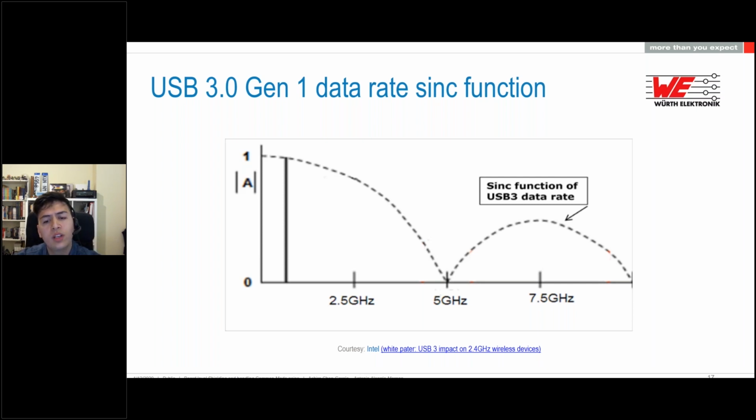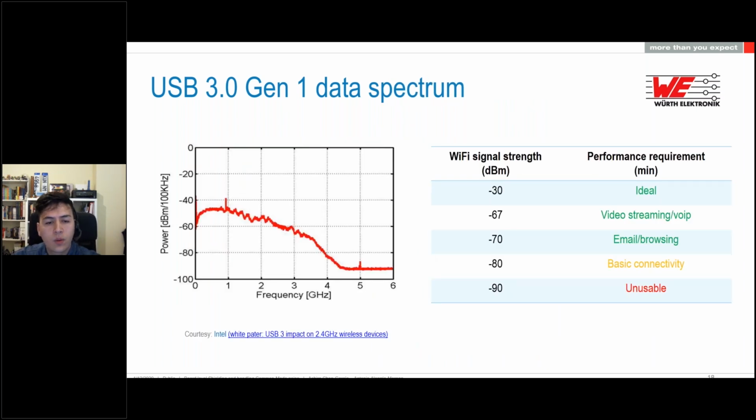An important thing to note here is that the data spectrum is very broadband, ranging from DC to 5 gigahertz. The side lobes that you can see can be totally ignored. In fact, the design is based on ensuring that the side lobes are neglected. Here we can see the data spectrum of the USB 3 transmit.